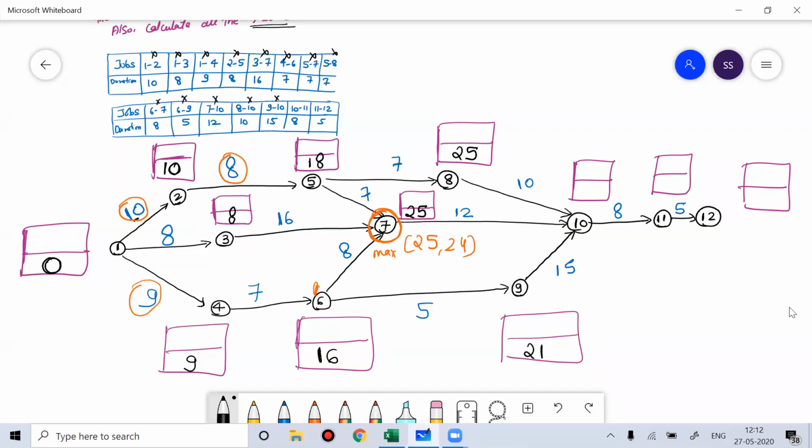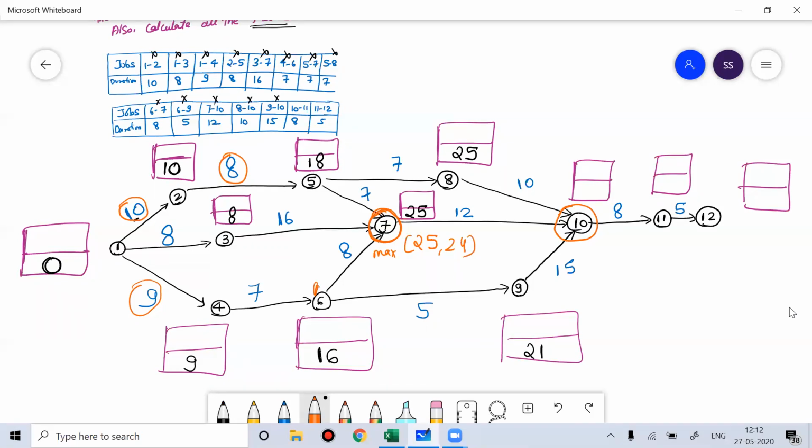Very simple. Okay. Now, if you see node 10, what is getting over at node 10? 3 activities are getting over at node 10. One is 8 to 10, the other one is 7 to 10, and the third one is 9 to 10.